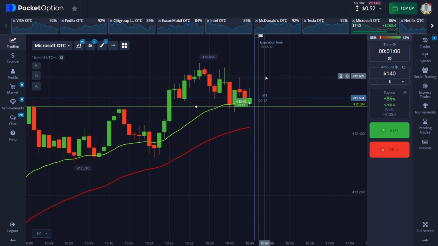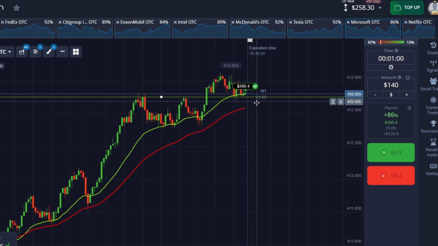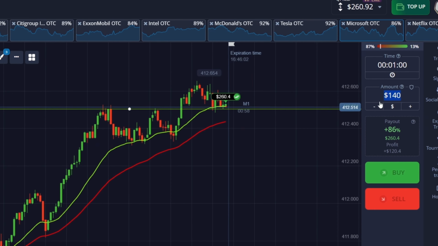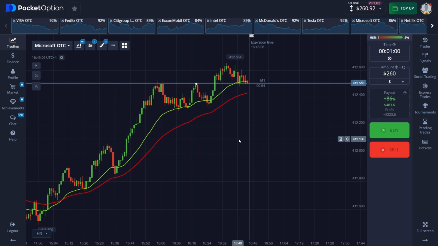The trade is currently in our favor. Only 10 seconds left, and it looks a bit risky. Yes, we won another trade. Now my balance turns into $260. So let's find a trade for $260 on the OTC market for a 1-minute time frame.